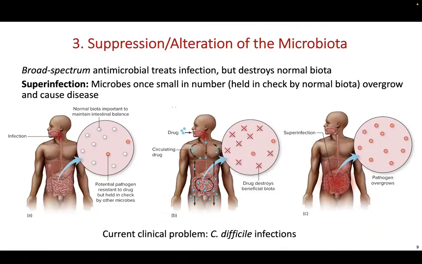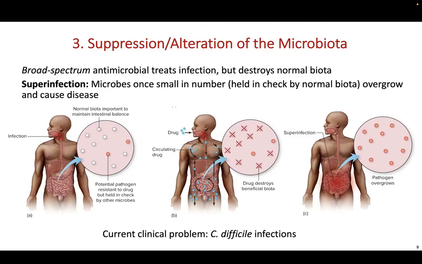And the third type of side effect results from alteration of the microbiome or the microbiota. There is a broad spectrum of antimicrobial drugs that treat infections but will end up destroying your normal microbiota. Every human being has a microbiome in the gut.